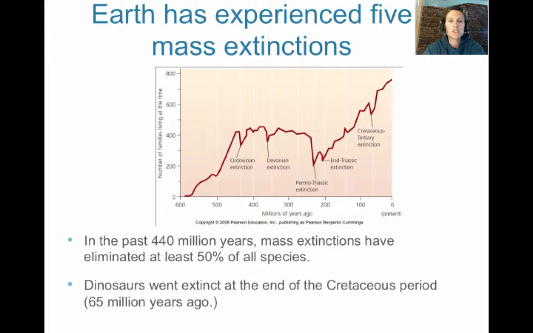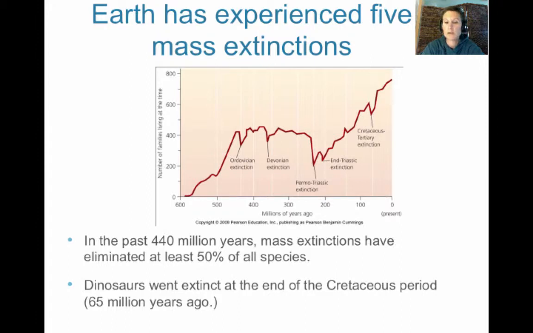That's the first extinction, and then the Devonian extinction, the second one, and then you go to the Permo-Triassic extinction, which was kind of a double dip. You go one, and then it went up a little bit, and then the end of the Triassic extinction. And then we had the Cretaceous Tertiary extinction. So that was number 5. So you see those dips in the chart there, and then the bottom is how many millions of years ago. So 0 right there is present.